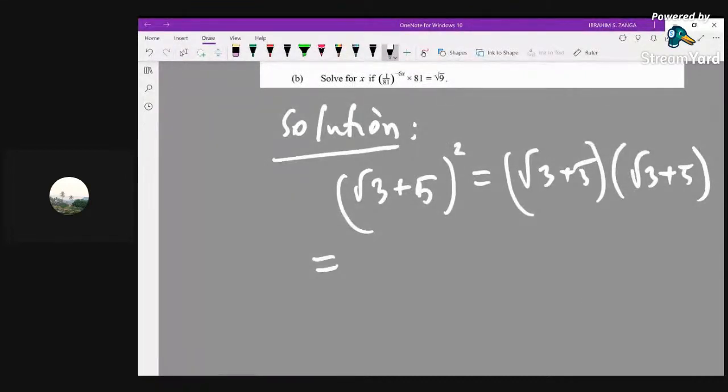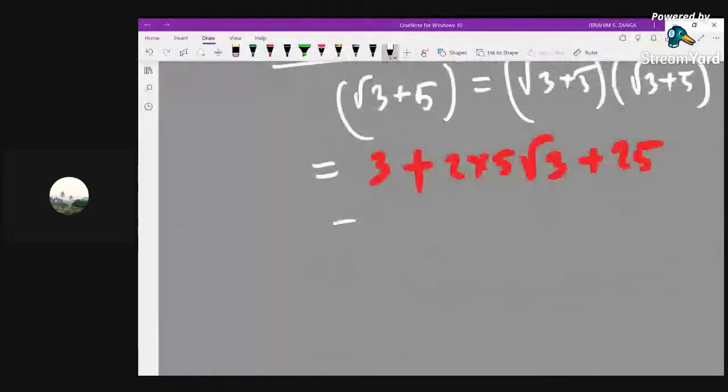This is equal to root 3 times root 3, which is 3, plus 2 times 5 root 3, plus 25.